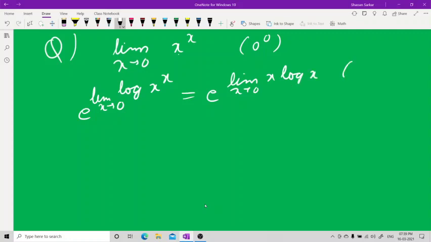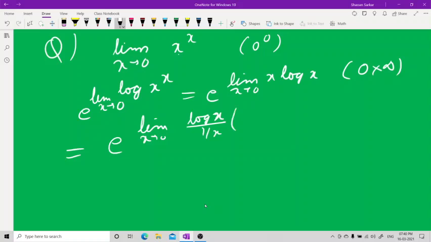Now this is of the form 0 into infinity. So now do one thing: e to the power of limit x tending to 0 of log x upon 1 by x. Now this is of the form infinity by infinity.